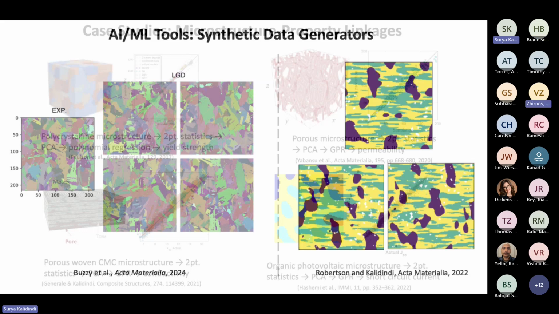There are statistics that are extracted, and we can convince ourselves that the synthetically generated ones are basically digital twins of the original one, right? They're not exactly one to one, but in the materials world they are similar because they have the same statistics, so they're expected to have the same properties.